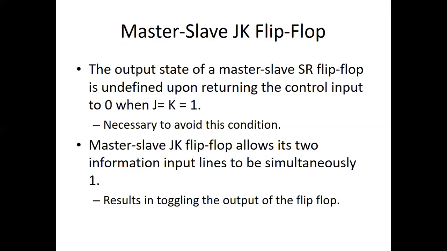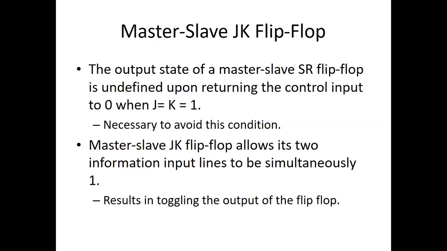So when we implement a master slave using SR flip-flop and analyze the output, when J is equal to 1, K is equal to 1, the output becomes undefined. So to avoid this condition, we have used master slave JK flip-flops.